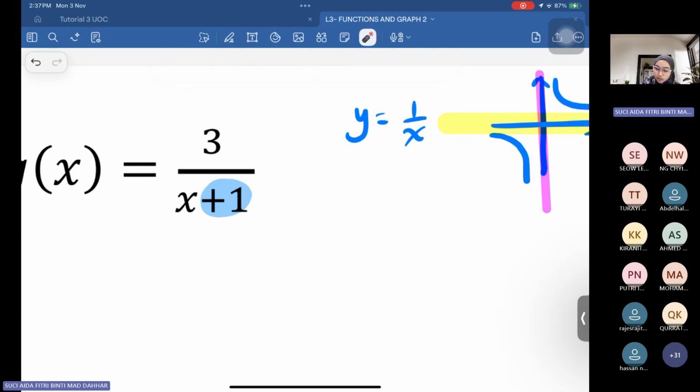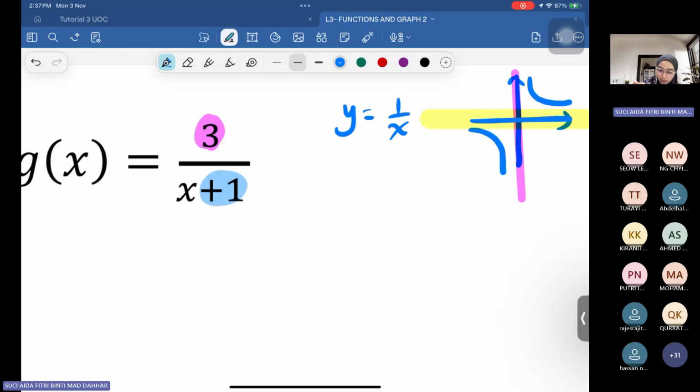And also, originally the top is 1, but ours is not 1, it's 3. So this is another transformation involved. I can write it this way: this is actually 1 over x plus 1 that has been multiplied by 3. It's the same thing.